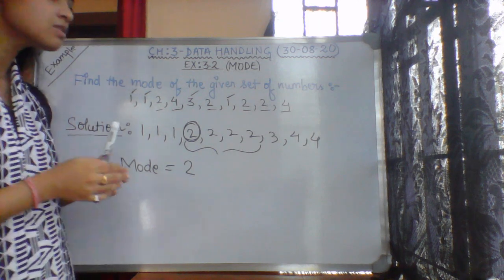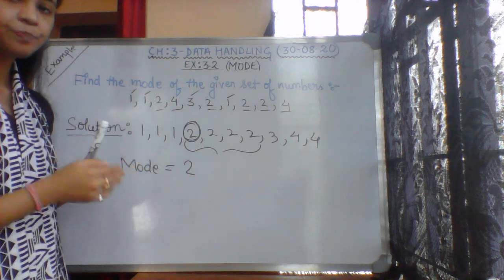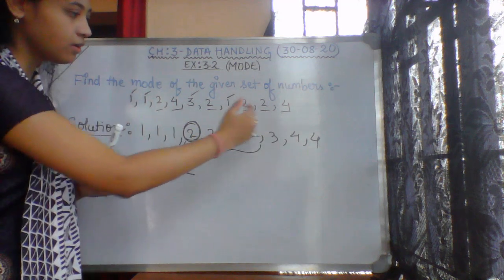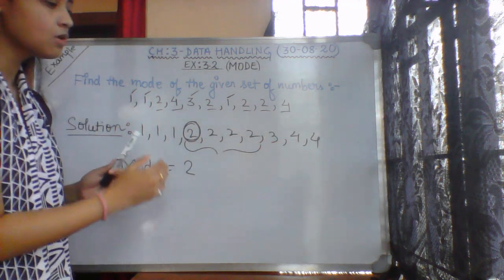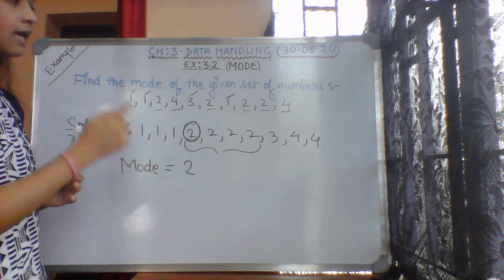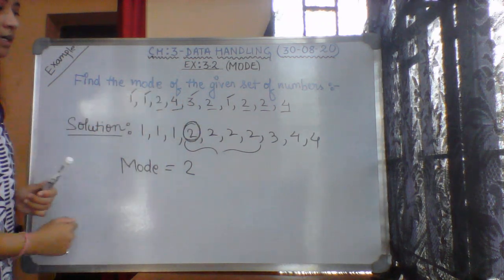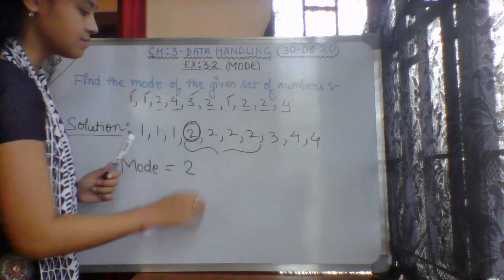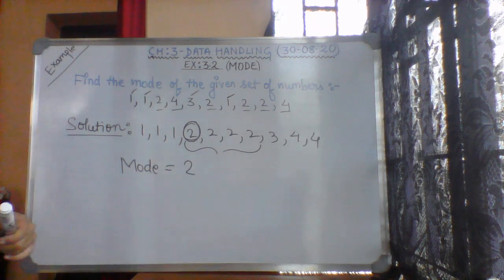Using the tally marks, you will be able to find the frequency, meaning how many times one number occurs, and that will be easy. In case of large data, since this is short, I am doing it like this. We will take that type of example also.